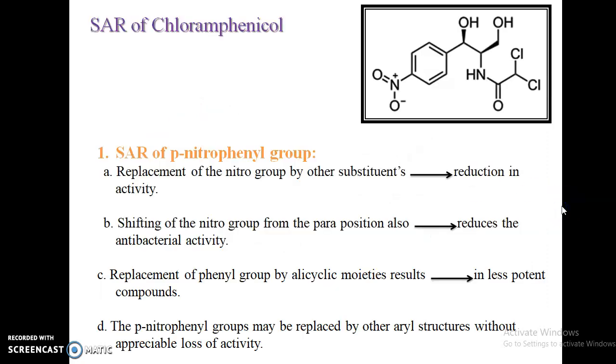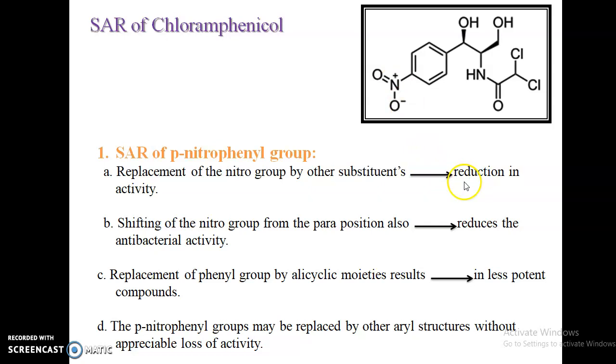So we are going to focus on the SAR of chloramphenicol. This is the structure of chloramphenicol. The first point is the SAR of the paranitrophenyl group. The first point is replacement of the nitro group. If we replace this nitro group by other substituents, then there is a reduction in activity.